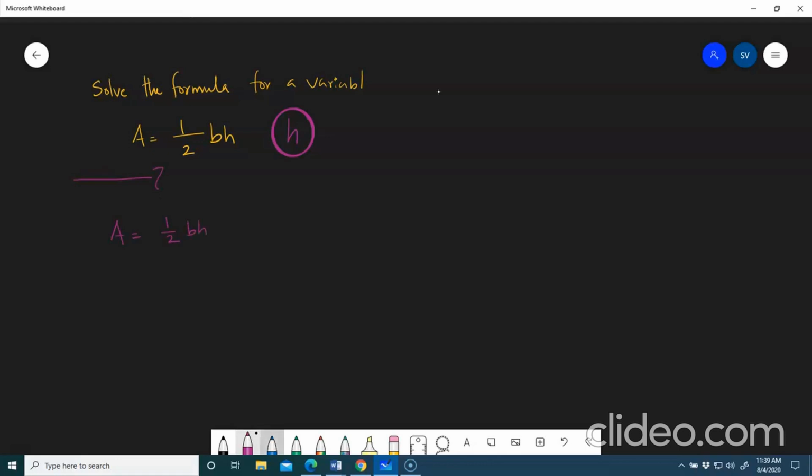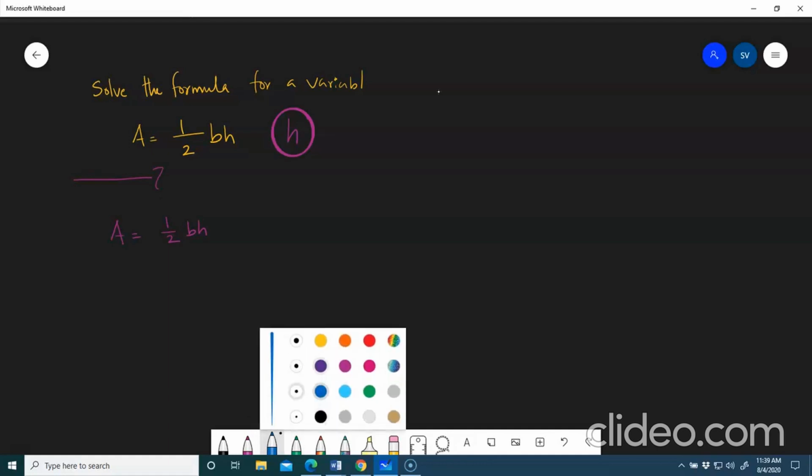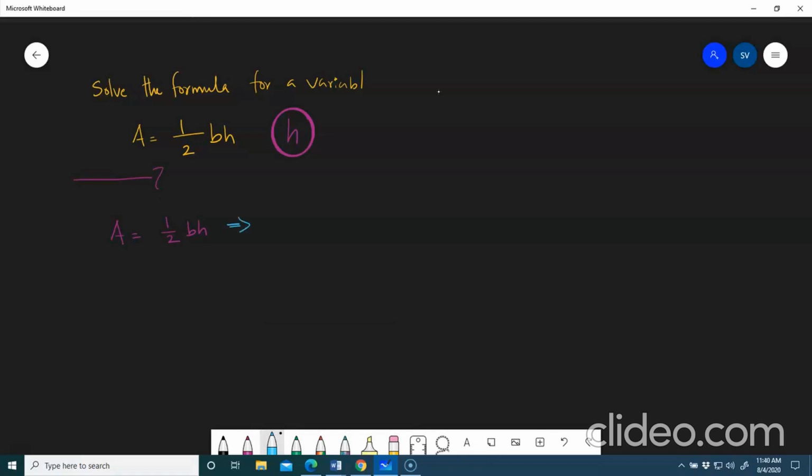Because we have a fraction here, I will rewrite both sides as fractions. A by 1 equal to bh by 2.